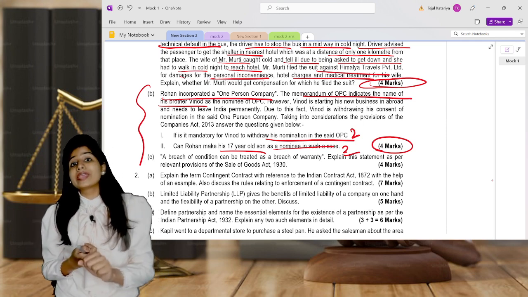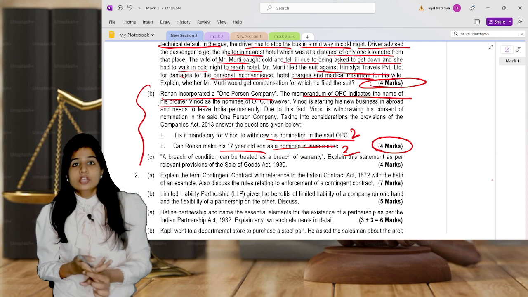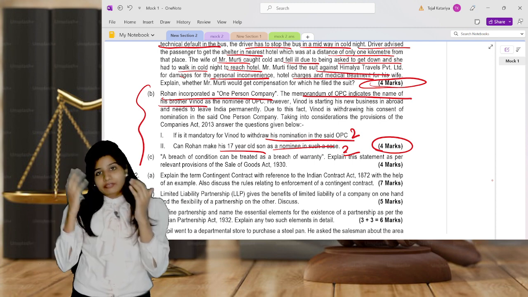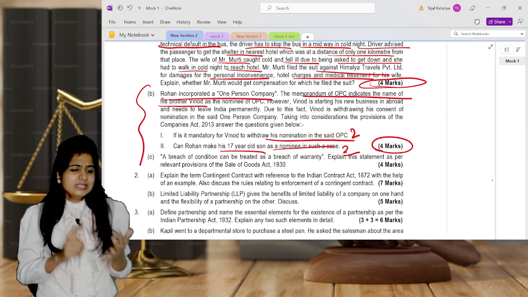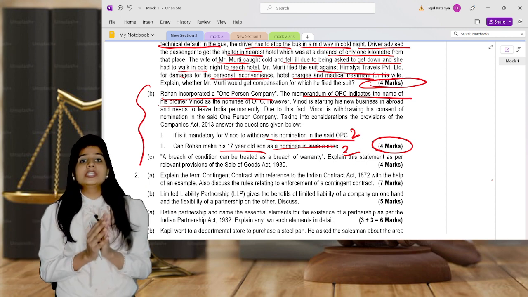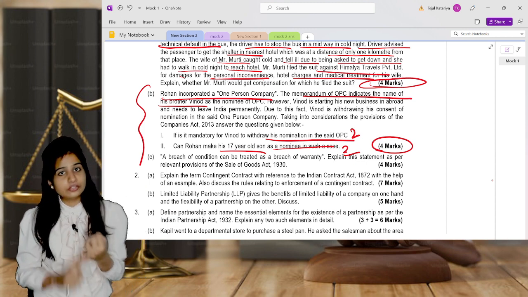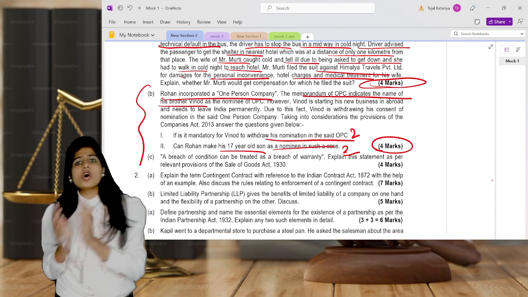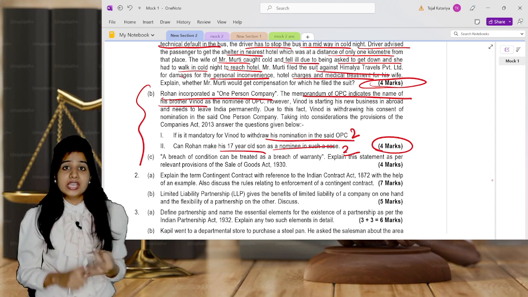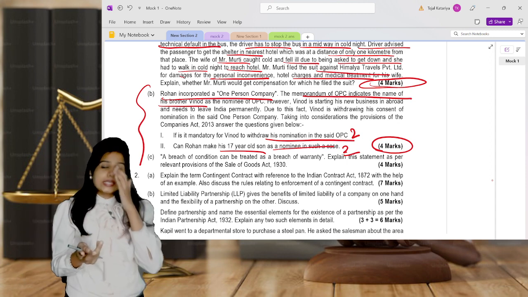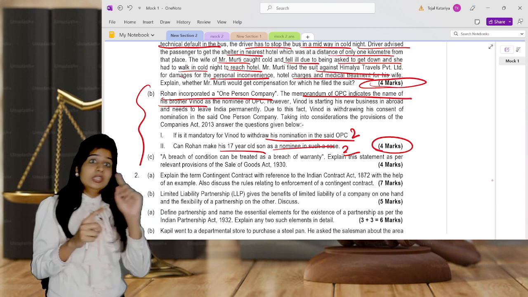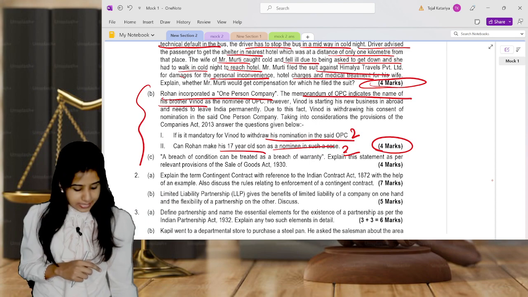In that, first of all, who can incorporate an OPC and who can become a nominee. If you remember, we saw this when we were studying one person company. The eligibility criteria: first of all, he should be a natural person, whether he is a member or a nominee. The second, he should be a citizen of India, and the third condition is whether he is resident or not, he should have stayed in India for more than 120 days in the immediately preceding financial year.